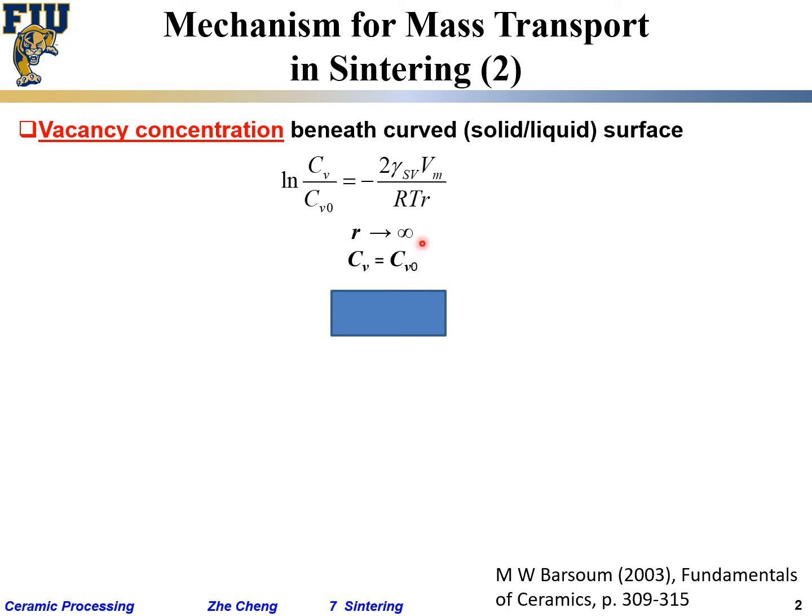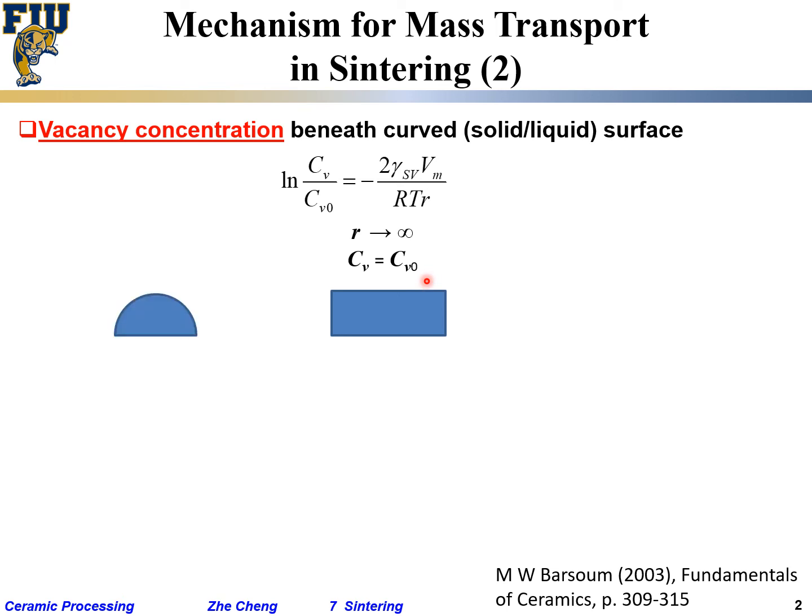For a flat surface, the radius of curvature is infinity. If the radius of curvature is infinity, the right side is essentially 0, which means the natural log is 1, which means CV is the same as CV0. Make sense?